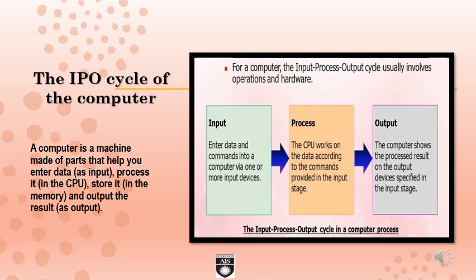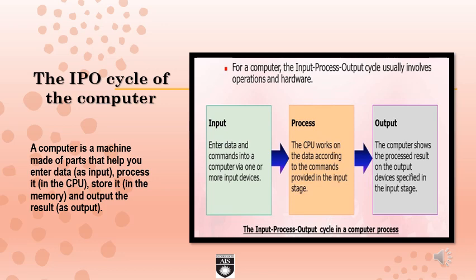For a computer, the input, process, output cycle usually involves operations and hardware, which we shall learn later in this chapter. Now see what is involved in input, process, output in the computer.